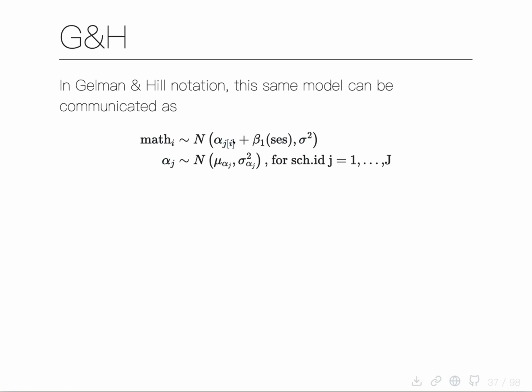So for alpha j, we're saying there's a different alpha for each, and we can look down here to see what it is, school ID. And the distribution of those intercepts is itself assumed generated from a normal distribution with some mean and some standard deviation.